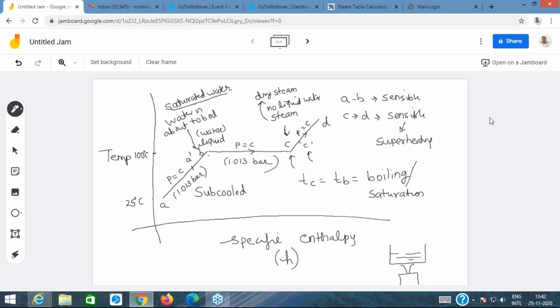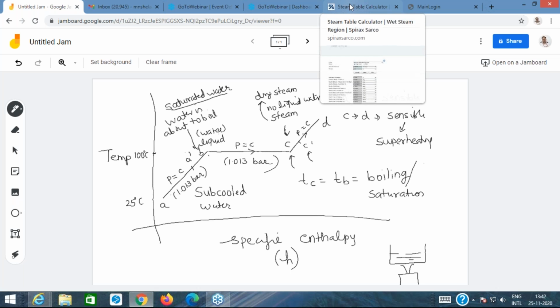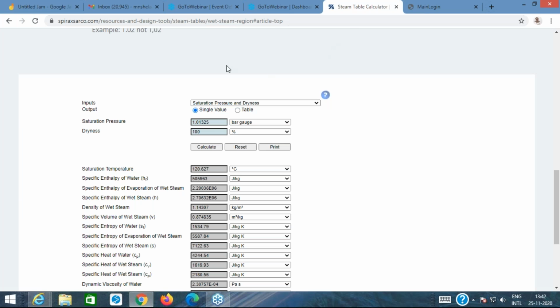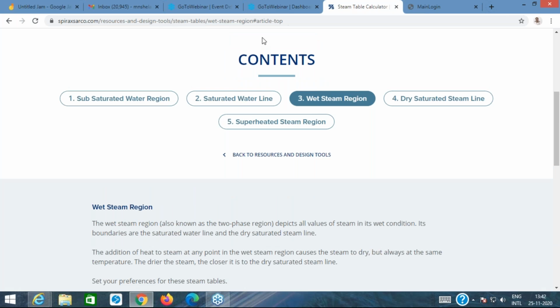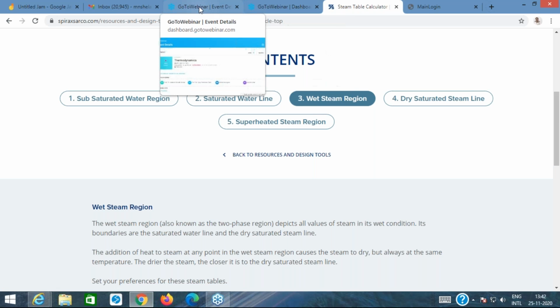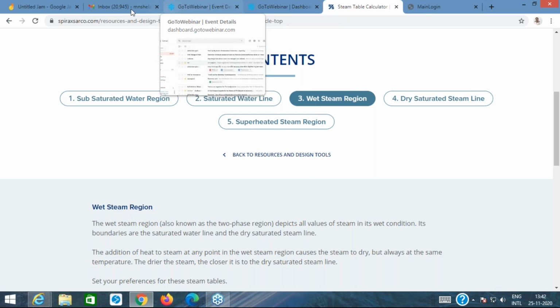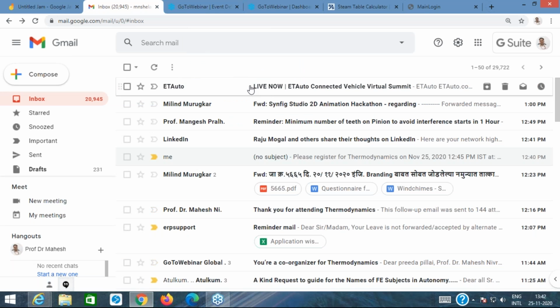Have you understood this? Subcooled water. In this case, it is not any liquid, it is water. Subcooled water means subsaturated water, right? So what is subsaturated water?